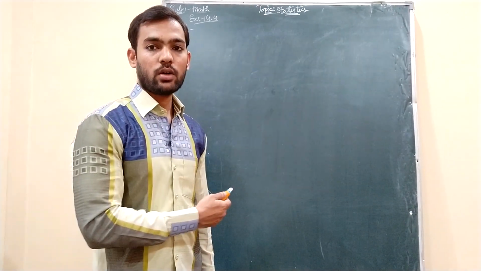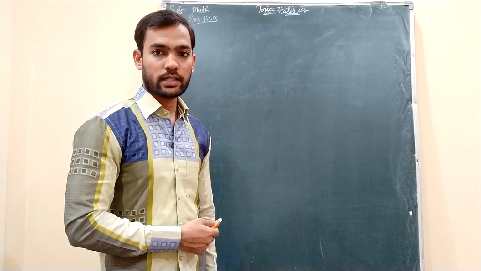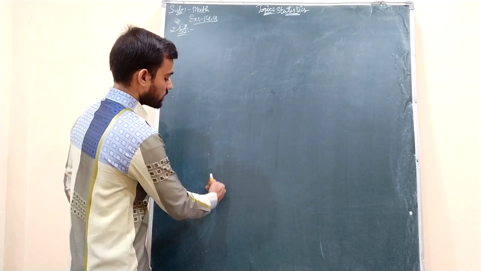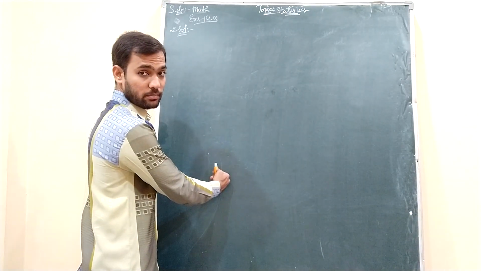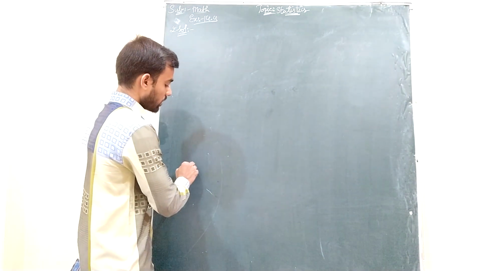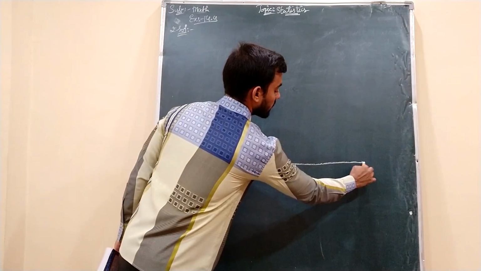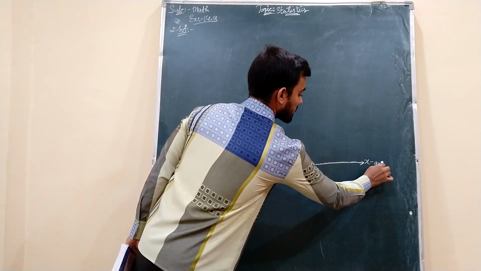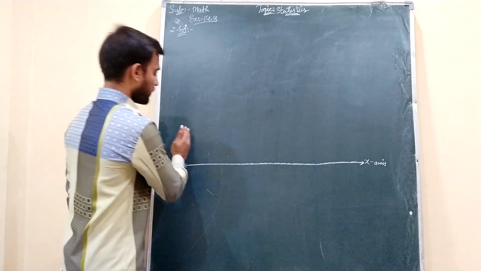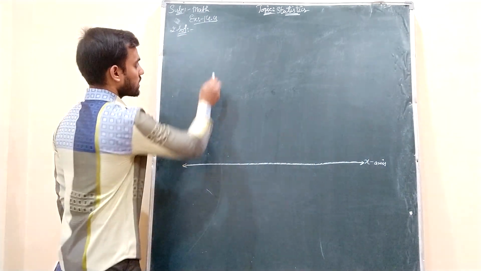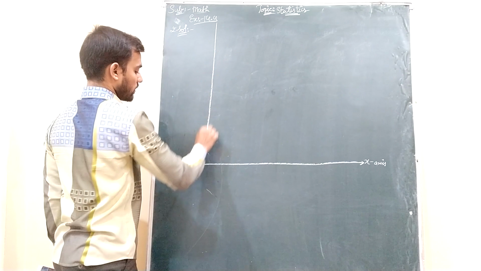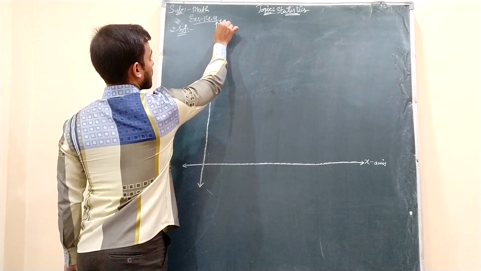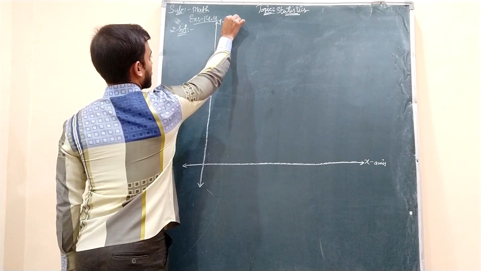So students, now we are going to plot the points in the graph as we have discussed earlier. Leaving 2 boxes from the bottom of the graph paper, draw a horizontal line, which is nothing but the x-axis, and then from the left side leave 2 boxes and draw a vertical line, which will be the y-axis.